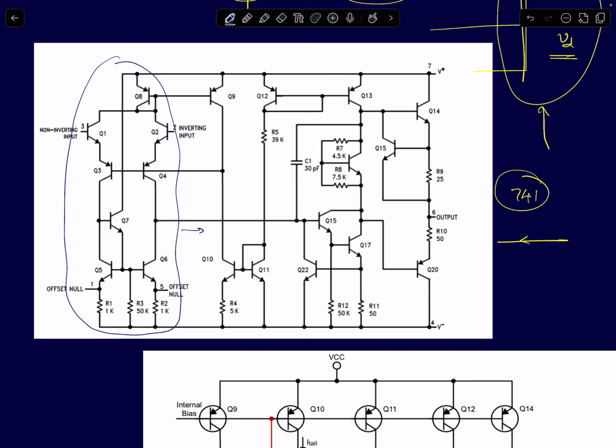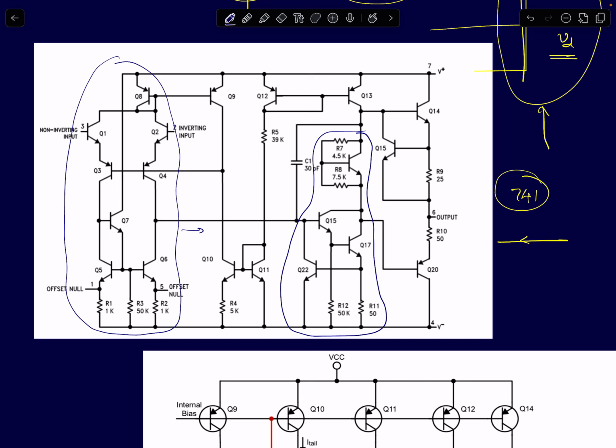The second stage is where you get all the amplification from. The second stage is a common emitter amplifier configuration. Okay, it has some kind of a cascode structure.